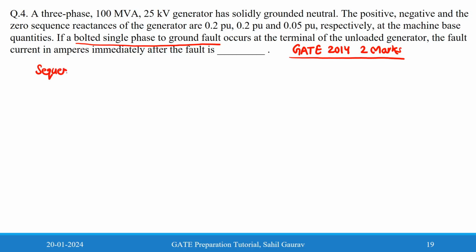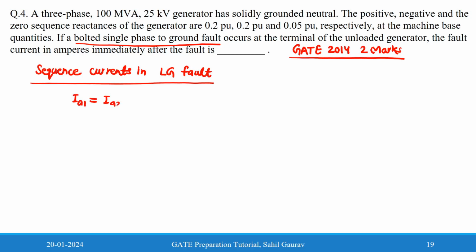Sequence currents in LG fault will be IA1 is equal to IA2 is equal to IA0 equal to EA divided by Z1 plus Z2 plus Z naught. EA is 1 at the angle of 0 degree.